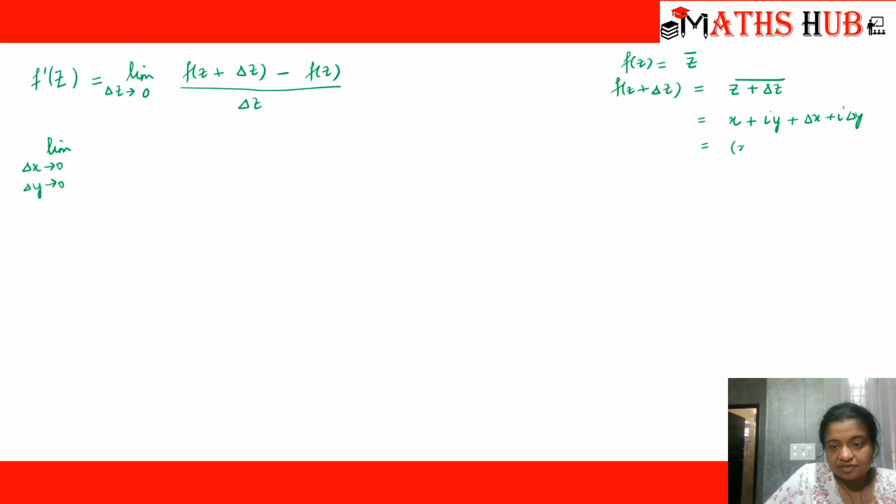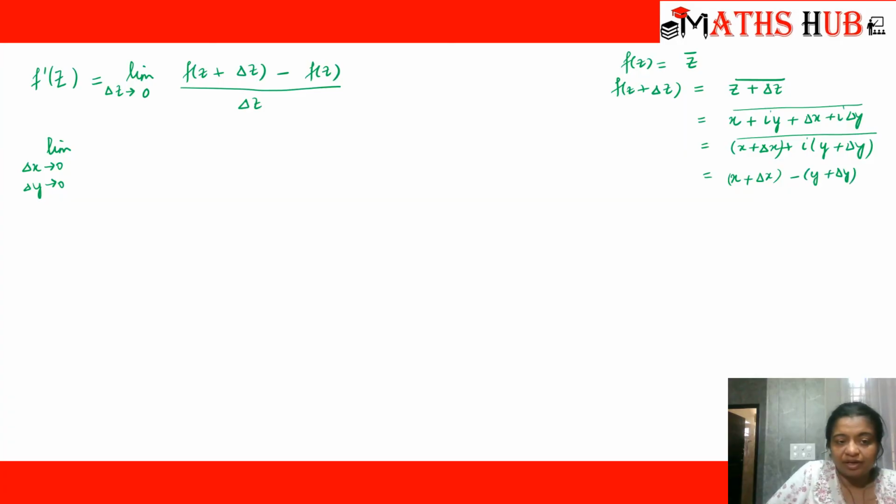In other words, I can write it as x plus delta x, plus iota times y plus delta y. So I have to write the conjugate of this function. So it will be x plus delta x minus iota times y plus delta y, right? So f of z plus delta z would be x plus delta x minus iota times y plus delta y. And what is f of z? f of z is x.